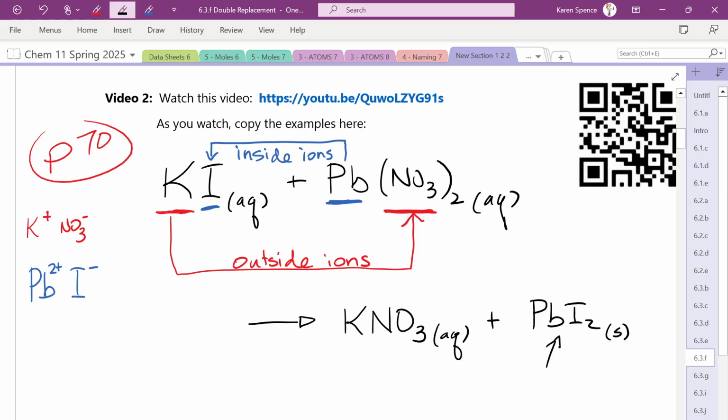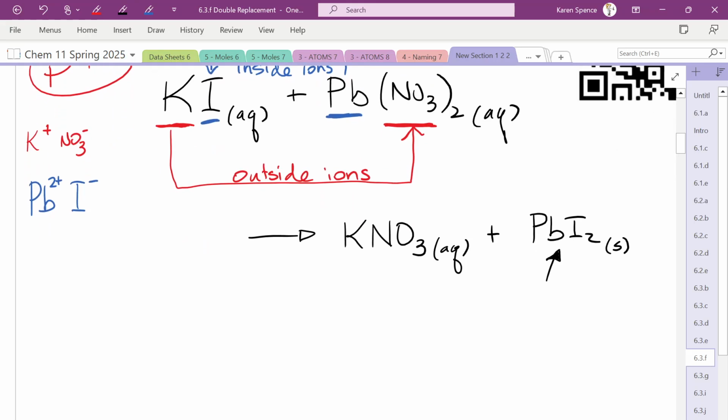And this right here is called, it forms a yellow precipitate.